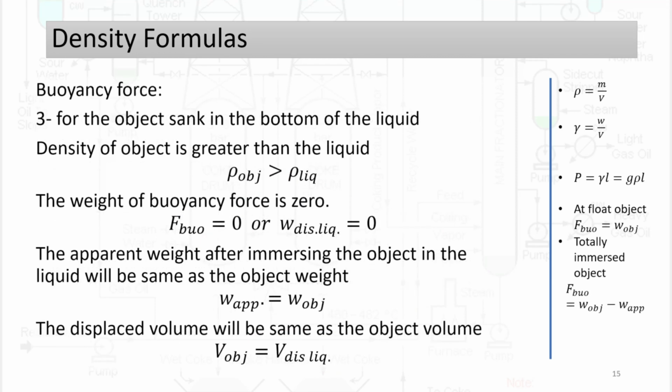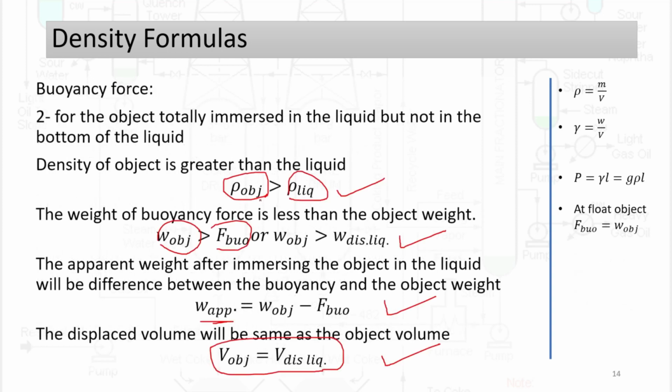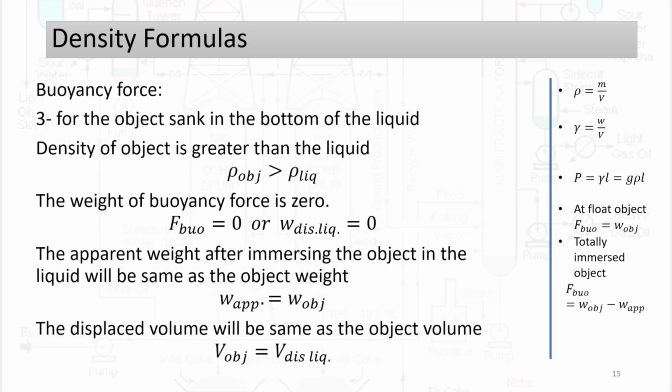Now go to the buoyant force for the object sunk at the bottom of the liquid. In this situation the density of the object is greater than the liquid, similar to the previous one, but the buoyant force is 0, or the displaced weight of the liquid is 0.